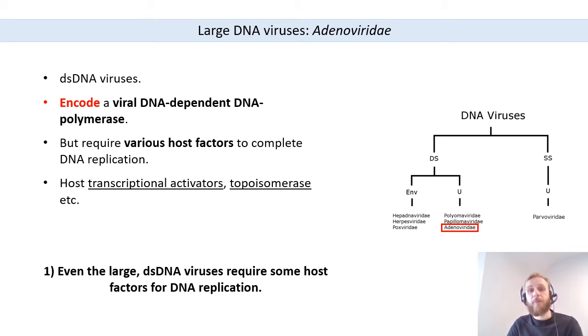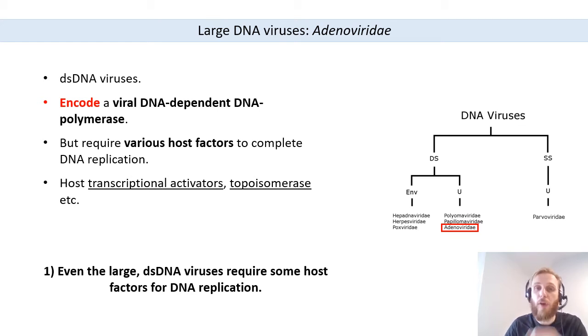As we've said, when we're going from DNA to DNA, we need a DNA-dependent DNA polymerase. In the case of these large DNA viruses, they encode their own. So adenoviruses carry their own DNA-dependent DNA polymerase, but there are other accessory, associated factors that they need and that they can only use host cell versions of.